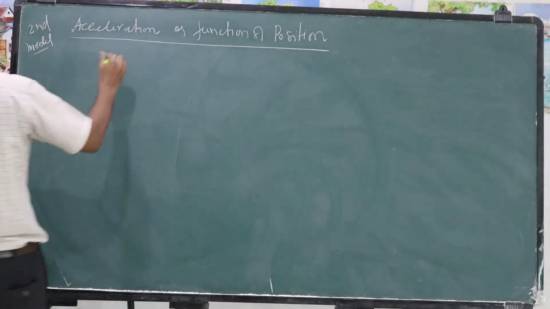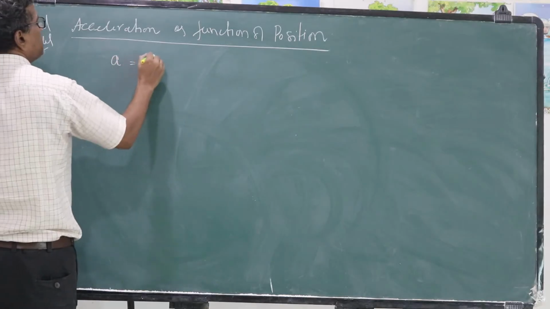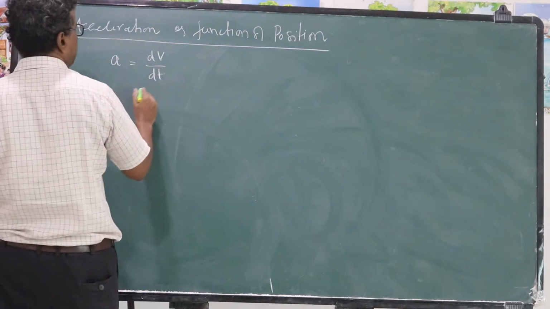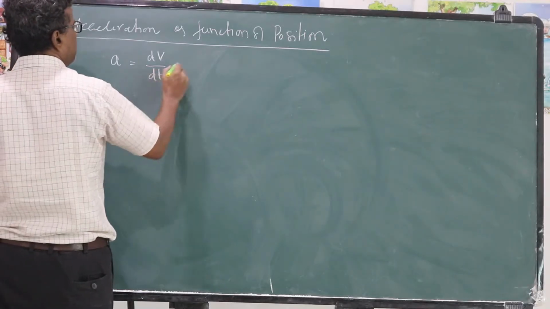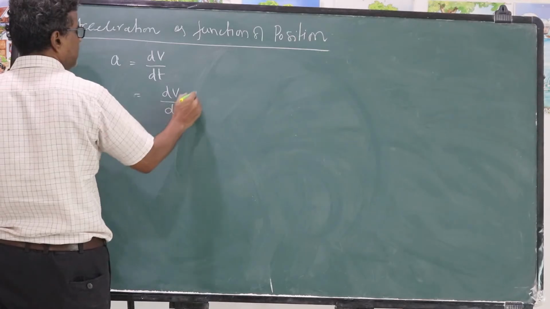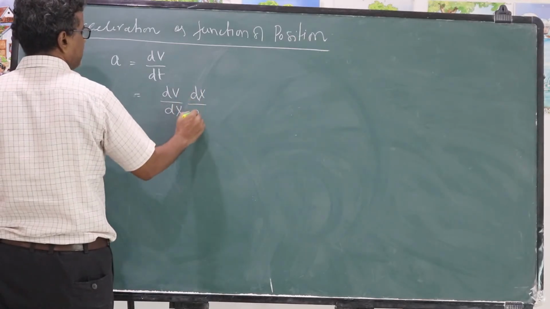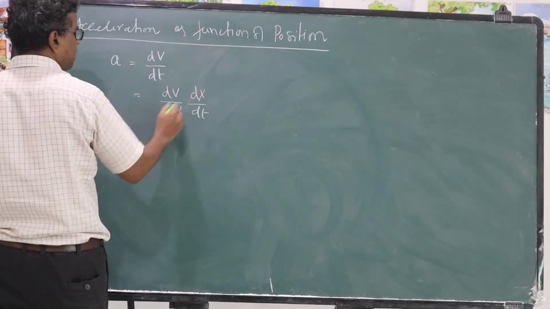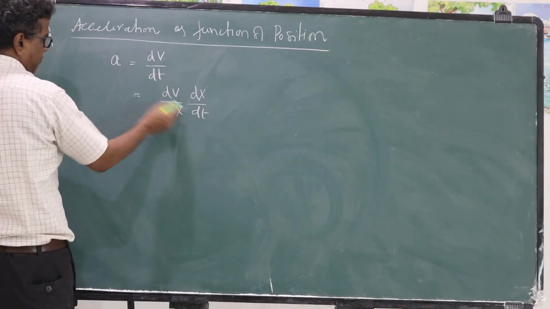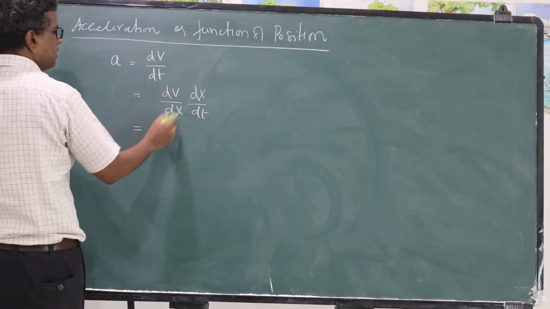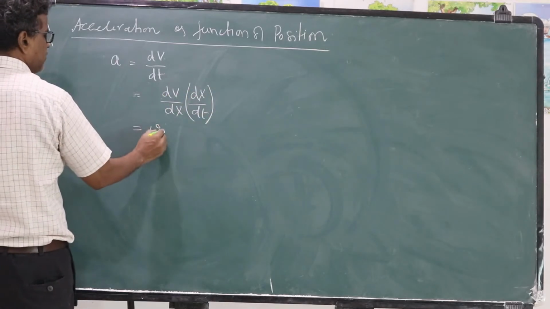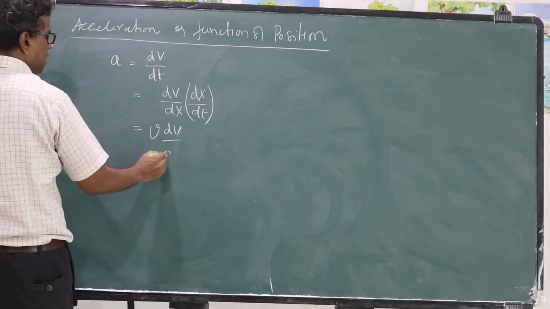So what is the definition of acceleration? a is equal to dv by dt. This can also be written by multiplying and dividing with dx. Then dx by dt can be written as velocity v, into dv by dx.